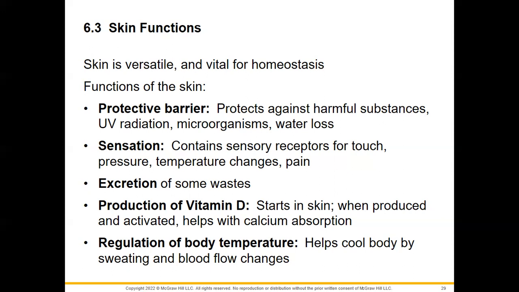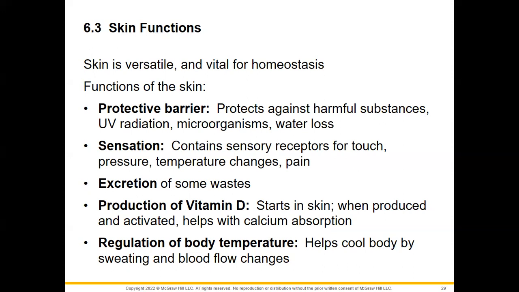And between the increase in blood flow to the skin and the sweating, that heat will be absorbed by the sweat and then carried off when that sweat evaporates. And that helps to cool the body. If a body is cold, then those blood vessels that are closer to the surface are going to constrict or get smaller.